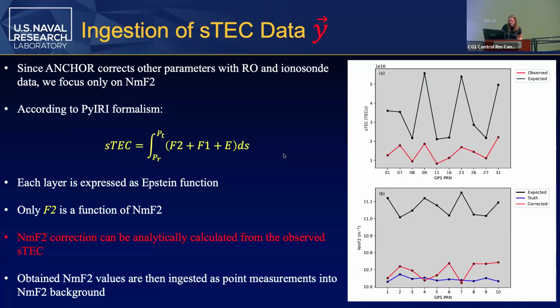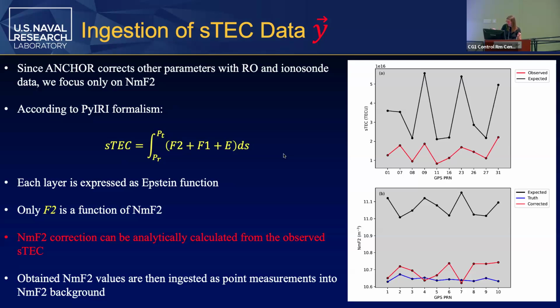Since ANCHOR uses a parameterized ionospheric data assimilation method, we can analytically find by how much we need to change our NmF2 for the ground-based TEC measurements to match the observations. This picture illustrates it.